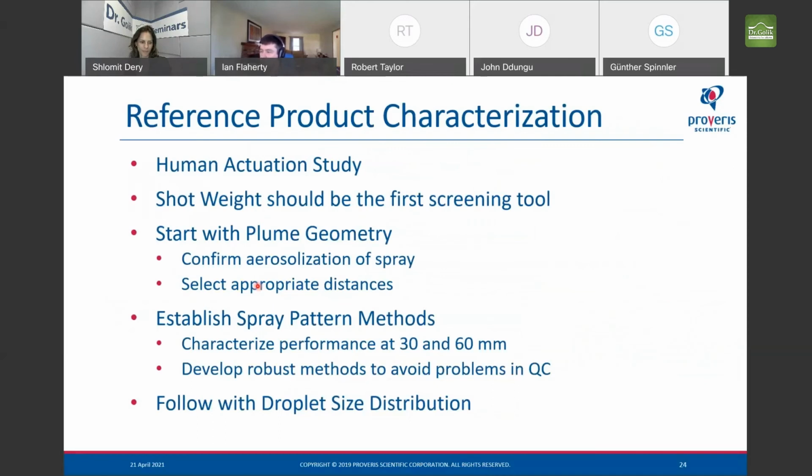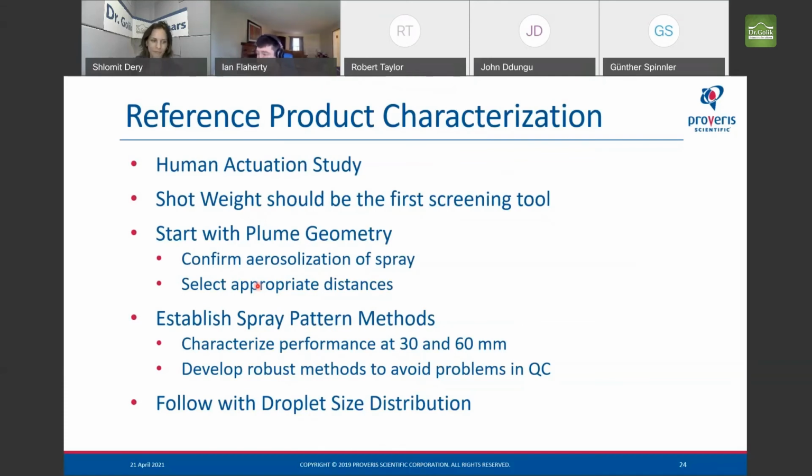Human actuation study, like we just talked about, and then you move into shot weight. To us, shot weight should definitely be the first test that you run, just because it's the most indicative of the performance of the device. If it is not consistently delivering the same shot in terms of weight, then you're going to have a problem from the beginning.